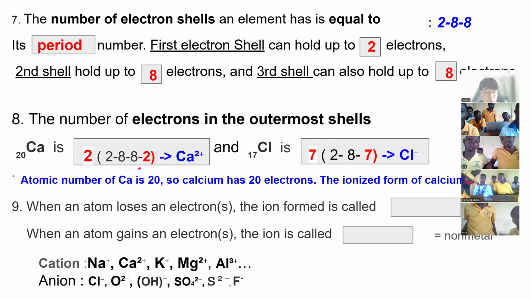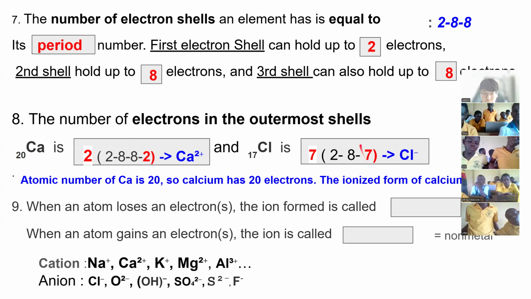It wants to go to the 2-8-8 structure. So it tends to get rid of the extra 2 electrons. And that makes the ion Ca2+. Electrons are negatively charged, so if you remove 2 electrons, it makes calcium positively charged by 2.